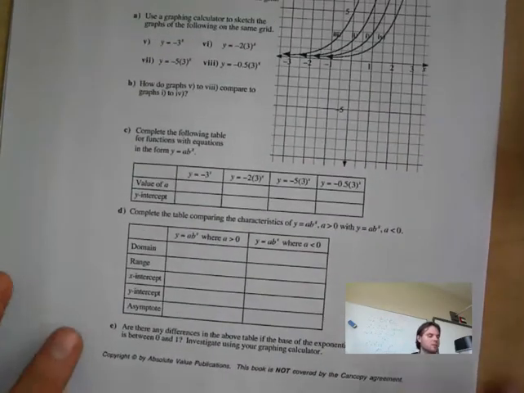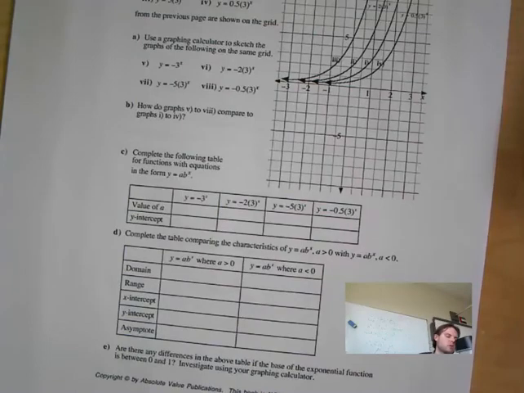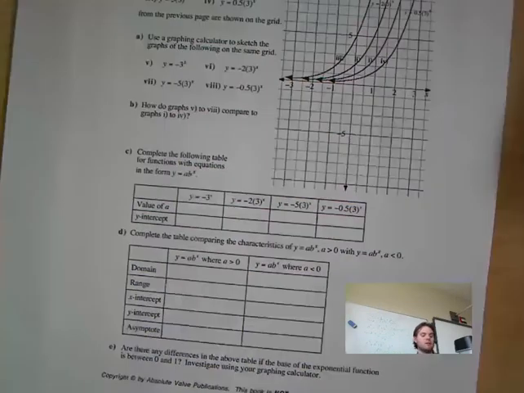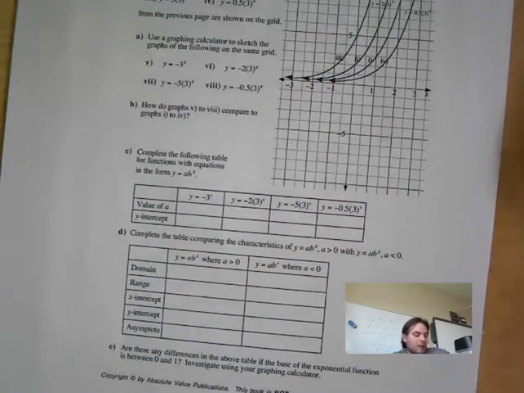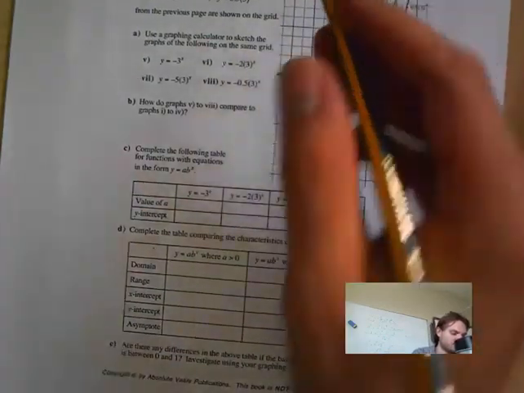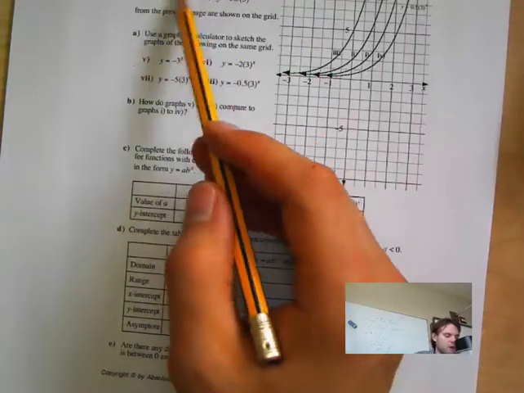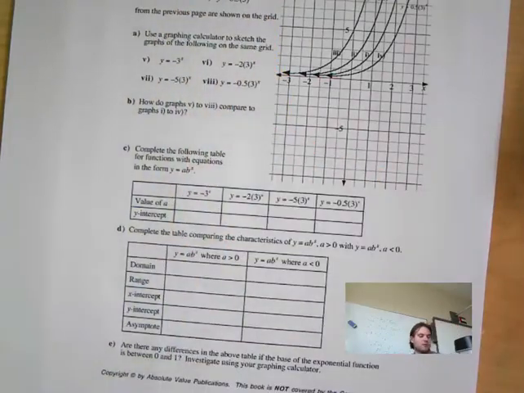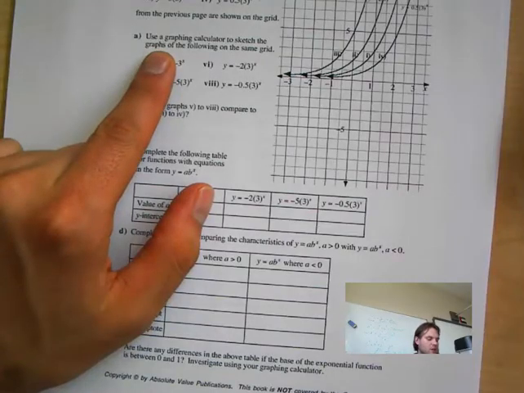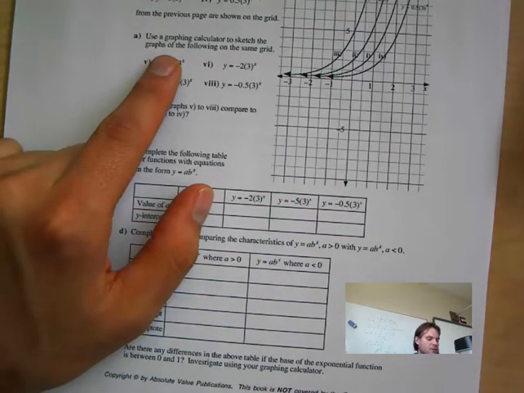Okay. So now we're going to explore A, where A is less than 0. So here we go. Explore the graphs, all of these. It says, using a graphing calculator, sketch each of the graphs on the same grid.